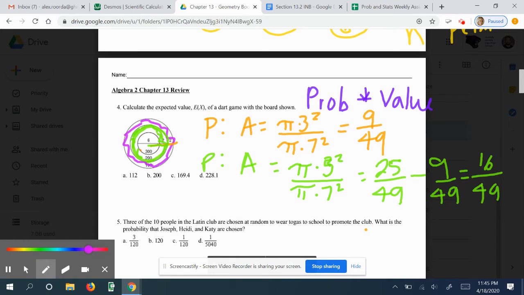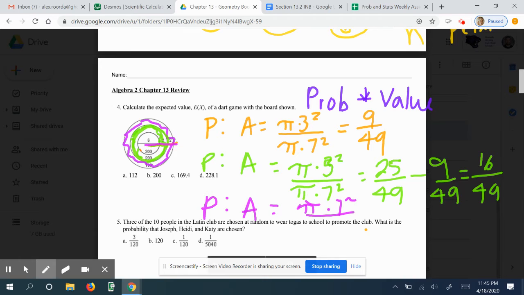And now the purple one, its probability would be the area, which is pi times, well, let's see, 3, 4, 5, 6, 7 pi over pi times 7 squared. You'll notice this is just 49 over 49, but I have to take away 25 out of 49 because all of the green circle is gone.